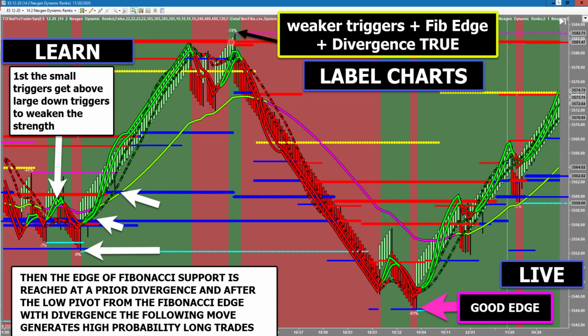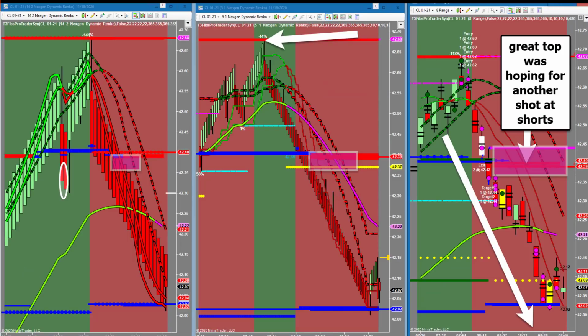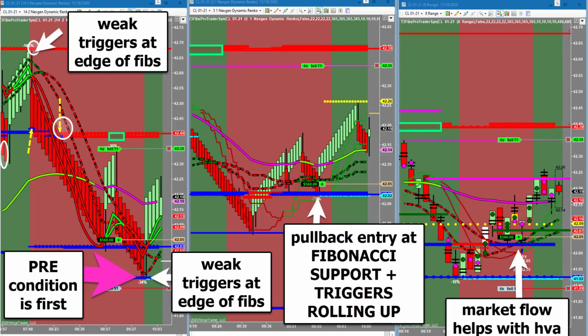It's this recognizing the patterns at the edges that will allow you to really take advantage of the market flow from those edges. Now, if that was the top up here, and then it went all the way to the bottom, and just so happened, same day, same market, the market made a bounce from fibs, but the triggers were strong.